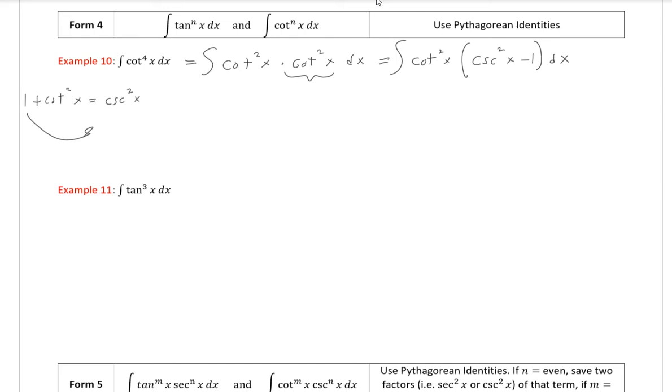Now, if I distribute this out, what I get is the integral of cotangent squared x times cosecant squared x. And then I get cotangent squared minus 1, which I'm actually going to separate out as its own integral, as minus the integral of cotangent squared x dx.